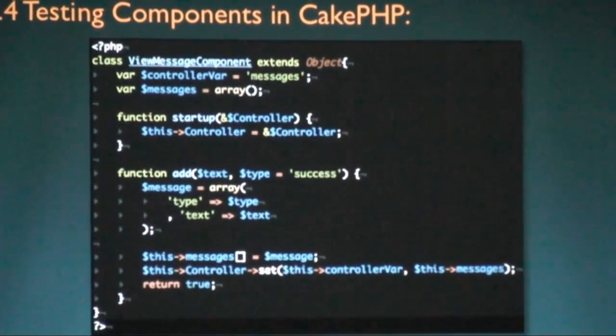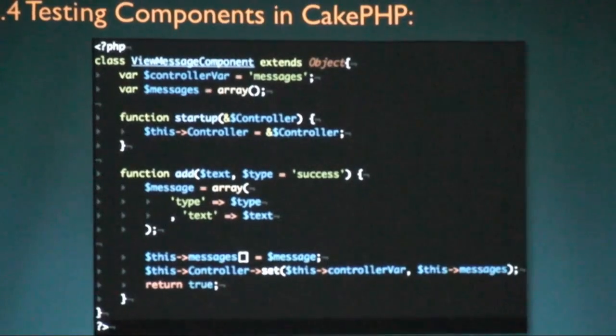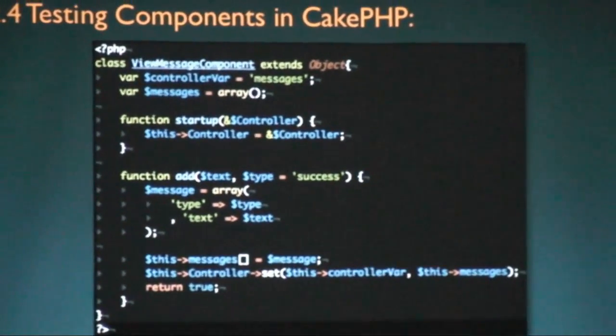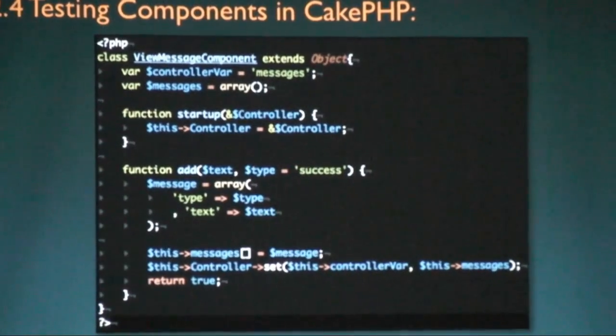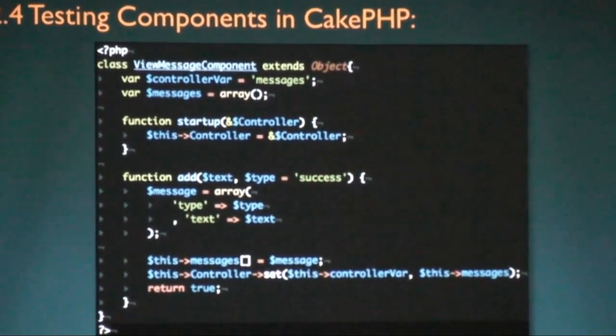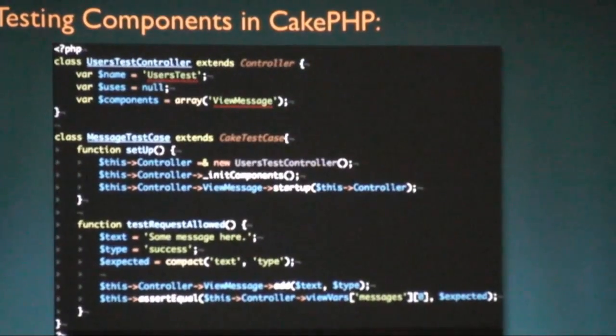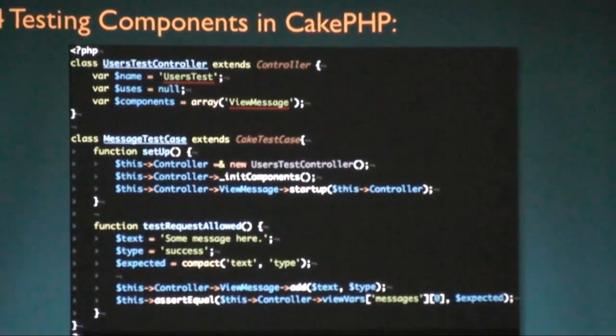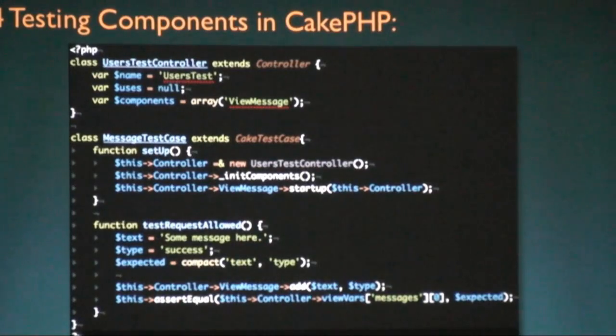So how we are going to test for that, if when you use the message add function, it correctly adds a message as a controller var. So what we are going to do is provide the user's test controller, specify that it's going to use the view message component, and then we have the message test case.